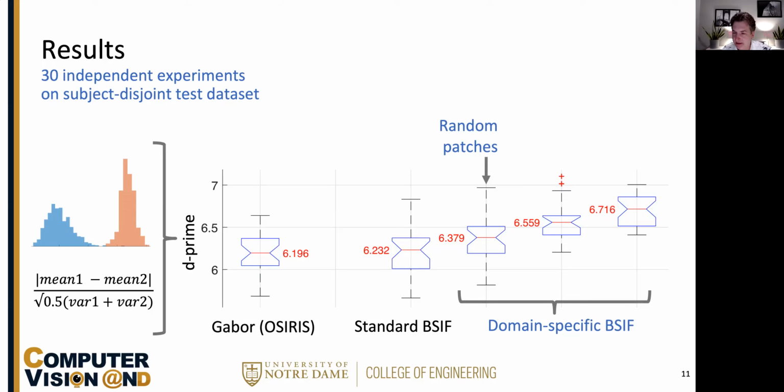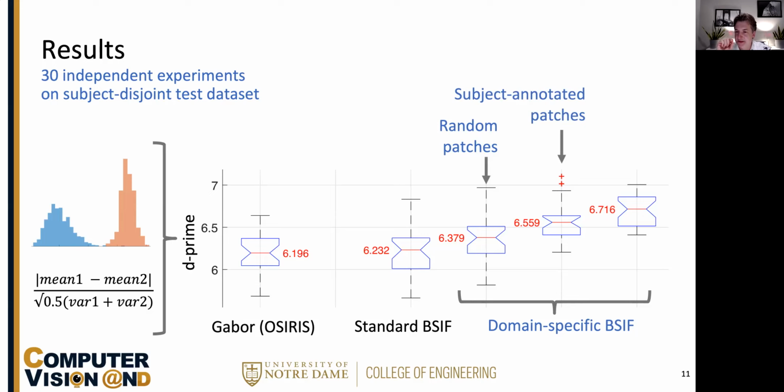Not surprising at all, right? If we have data from a given domain, and we train a feature extractor on that domain, it performs slightly better than just a general purpose feature extractor.